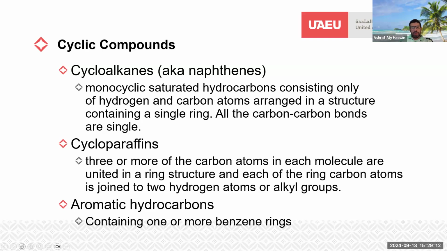Finally, aromatic hydrocarbons are the ones containing 1 or more benzene rings. And the benzene rings are very important for organic chemistry, and we'll talk about them in much more detail.